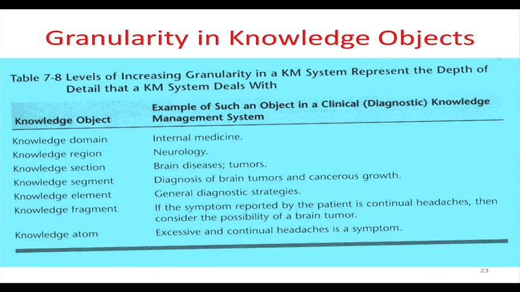Then you go for fragmentation. If you look into the symptom exhibited by the patient, if it is headache, then you consider yes, it could be a brain tumor, and if there is an excessive headache, then you say it is definitely a tumor.